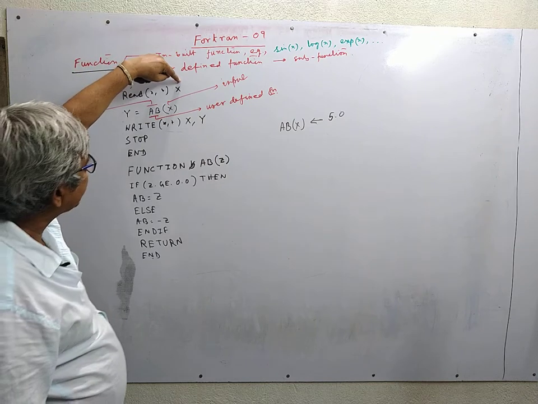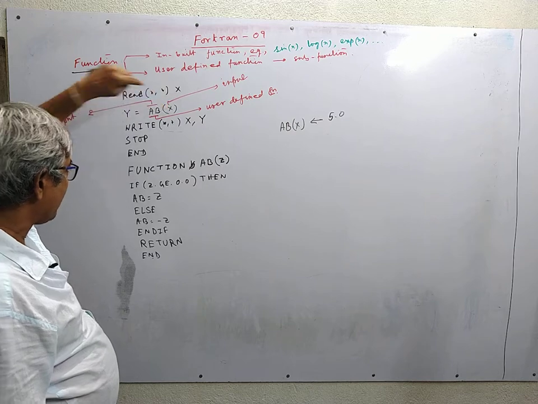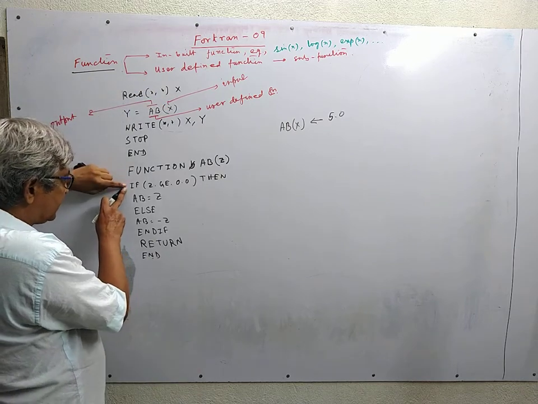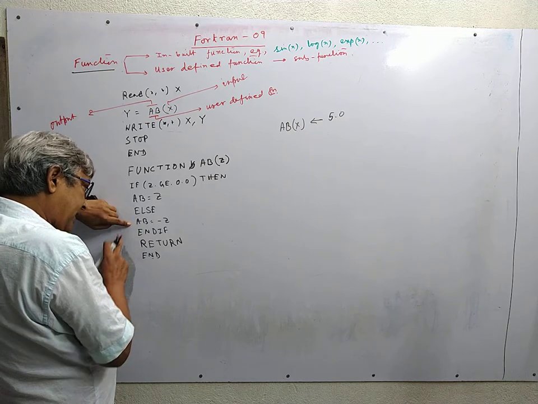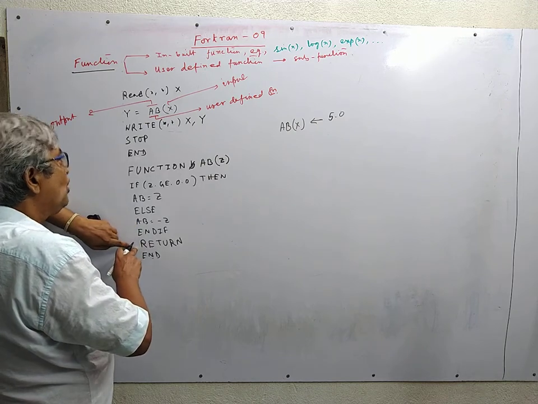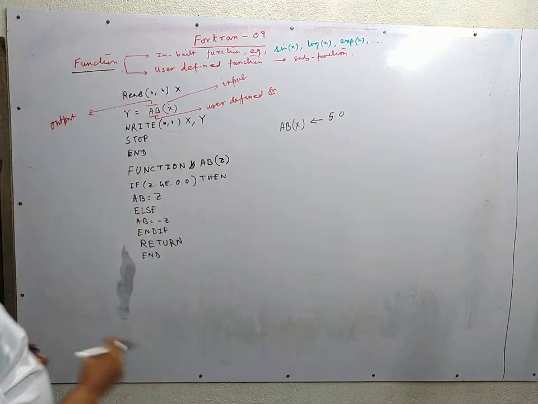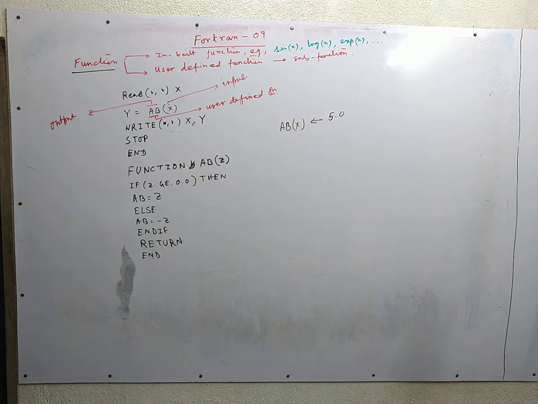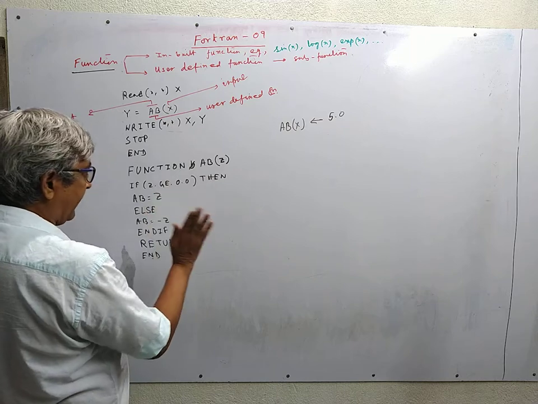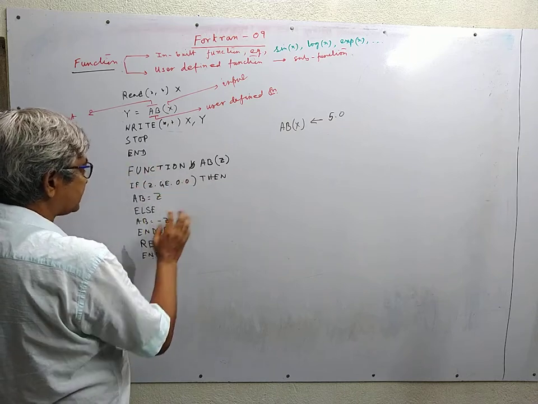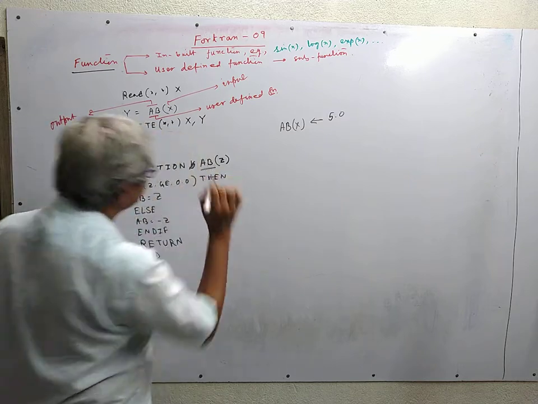If the value of x was -9, then from this line the program jumps to the function, and upon this test it calculates ab as 9 and then returns the value of ab as 9.0 to the calling destination. Now you see, the output variable in the case of a Fortran function is the name of the function itself.